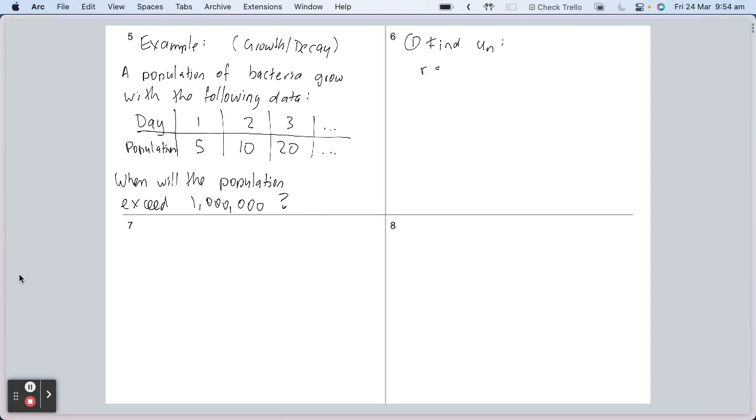R is equal to, we can pick any two consecutive terms and divide one by the other. I'll just take the first two because the numbers are the smallest, and I get R is equal to 2. Is that okay? Mentally, you can pick two more and make sure it's still the case. 20 divided by 10 is 2. Yep, I haven't made a mistake.